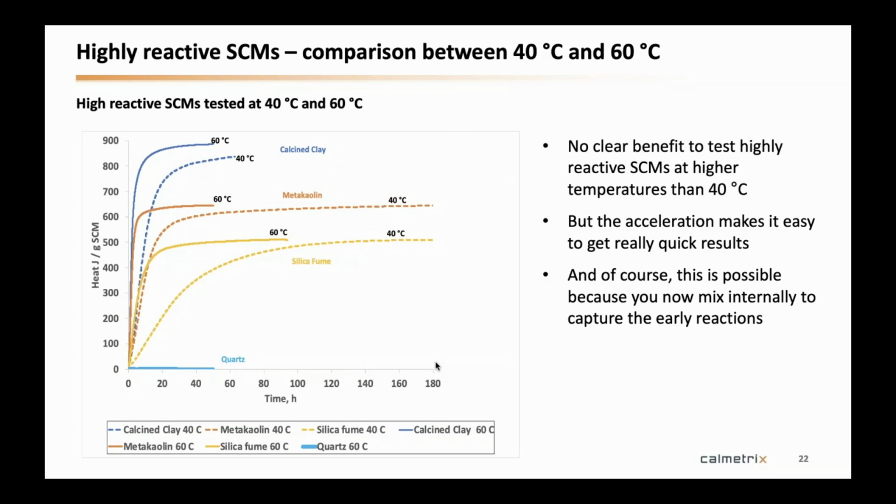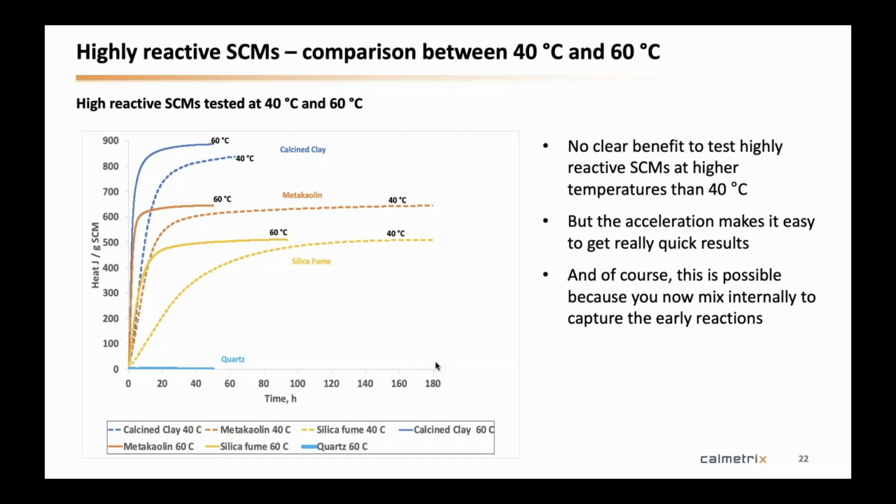And of course, when you have the right mixer, one that works well, you capture this early reaction, so it's all beneficial. If you did that with external mixing and you had to throw out the first 4 hours, you wouldn't get the initial climb. It would take longer. But with the internal mixer at 60 degrees, there's still a benefit.